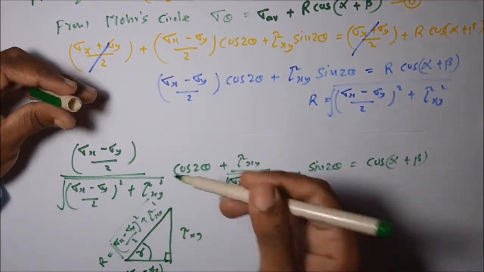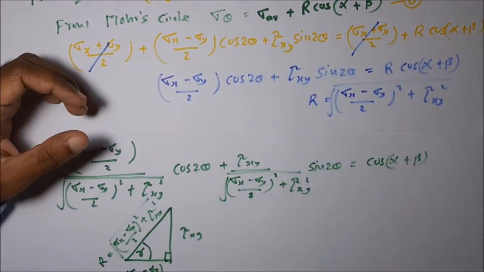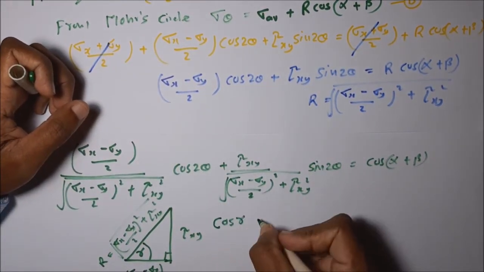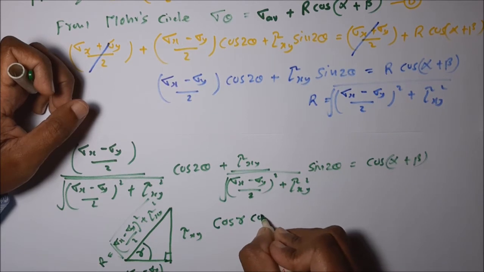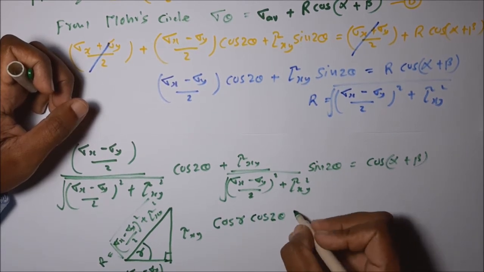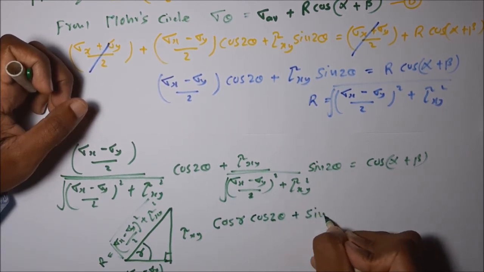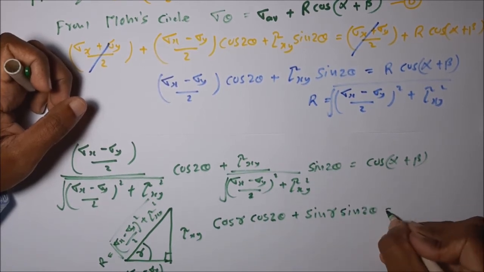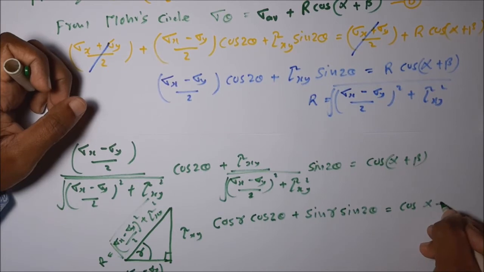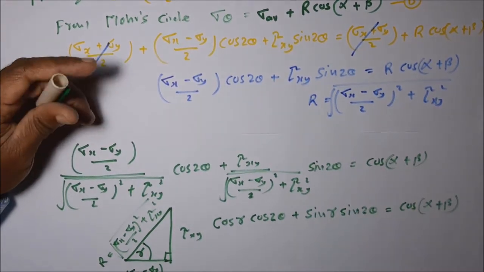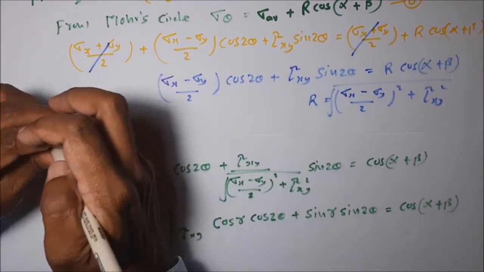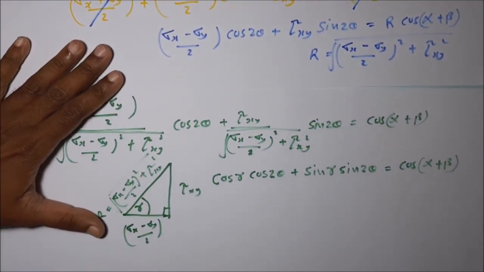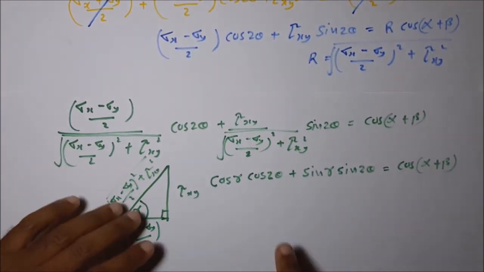Then this equation we can reduce in this way: cos gamma into cos 2 theta plus sin gamma into sin 2 theta is equal to cos alpha plus beta. Then we can add these two angles.